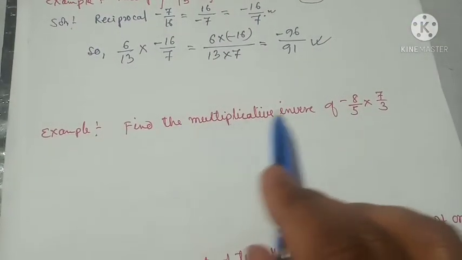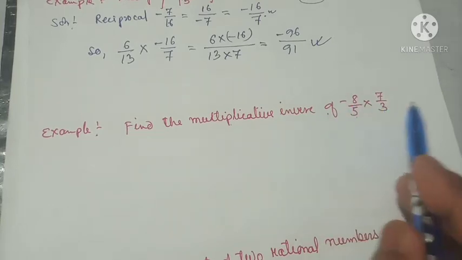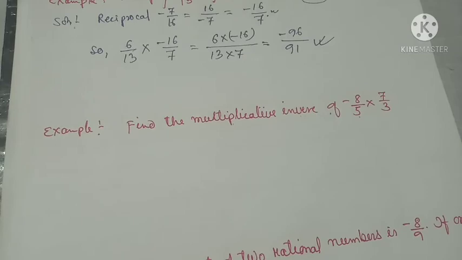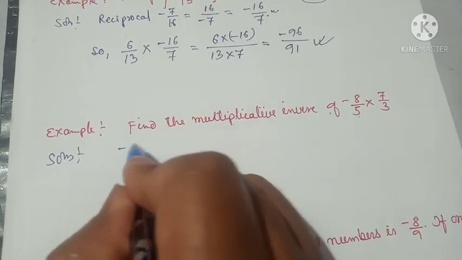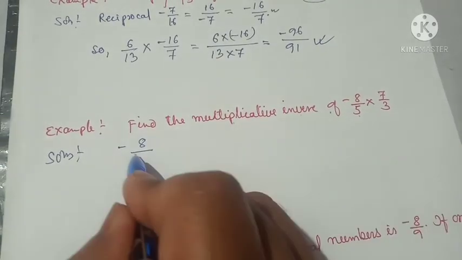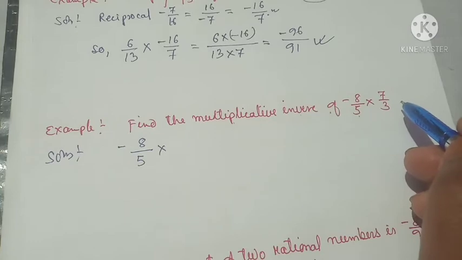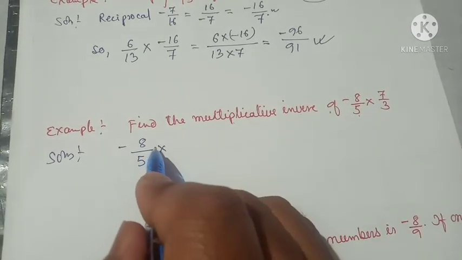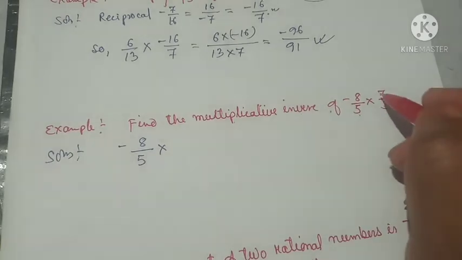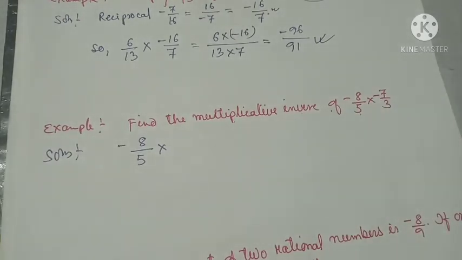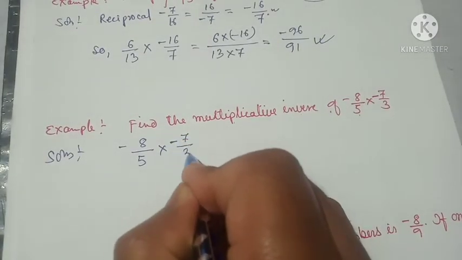And the second example. Find the multiplicative inverse of minus 8 by 5 into 3 by 7. Now let's see. In this solution, after multiplication of these two numbers, we have to take the reciprocal of the answer.